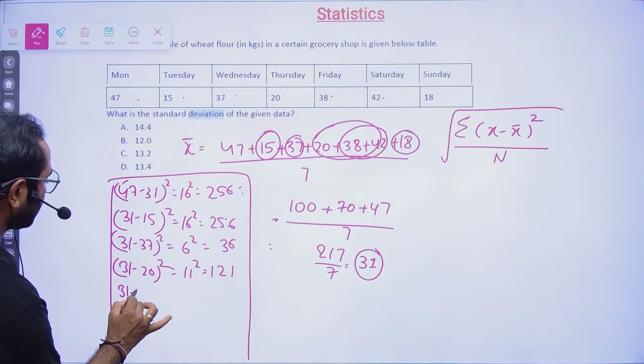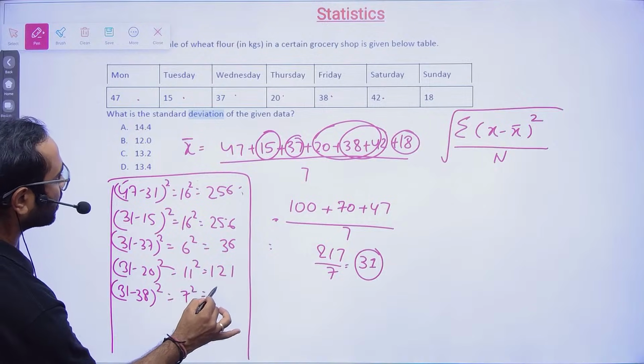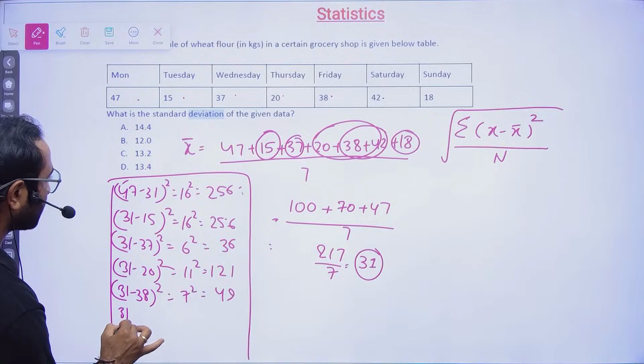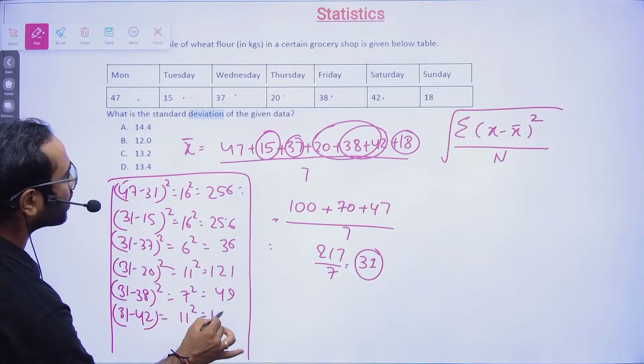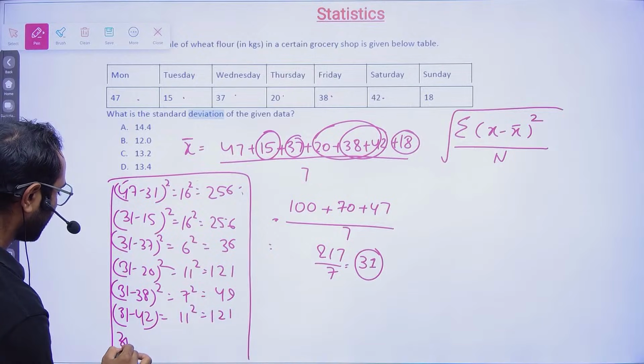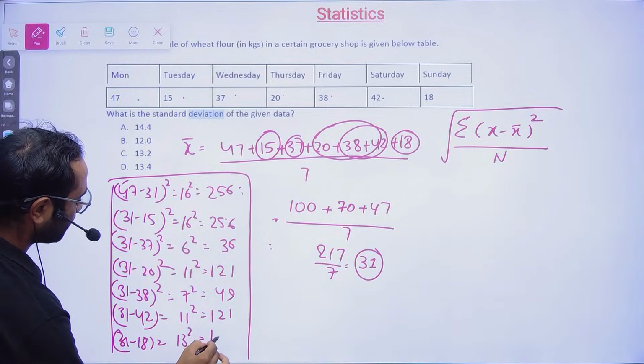Then 31 minus 38, that means 7 squared, which is 49. Then 31 minus 42, again 11 squared, it is 121. And then 31 minus 18, that is nothing but 13 squared, this will be 169.